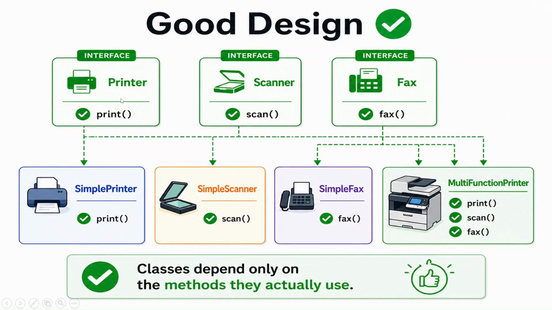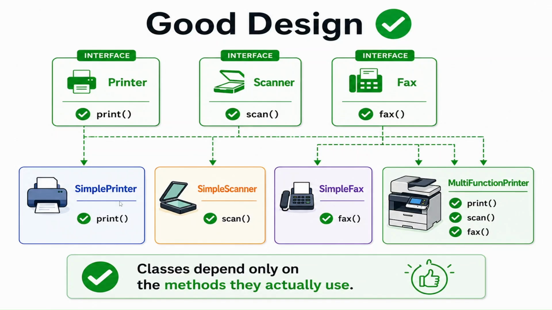Now this simple printer does not have to implement other methods such as scan and fax, because we have segregated our interfaces. We have divided all of those methods across the interfaces. So our simple printer becomes part of good design, and now it has only one method, which is print, and that is correct.